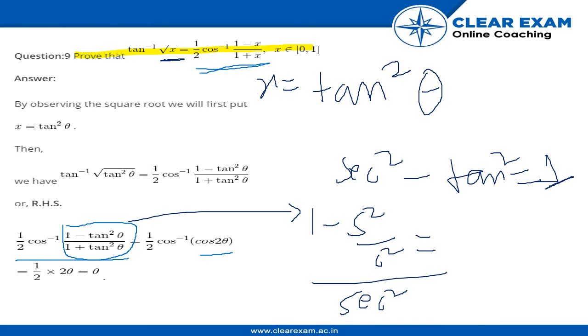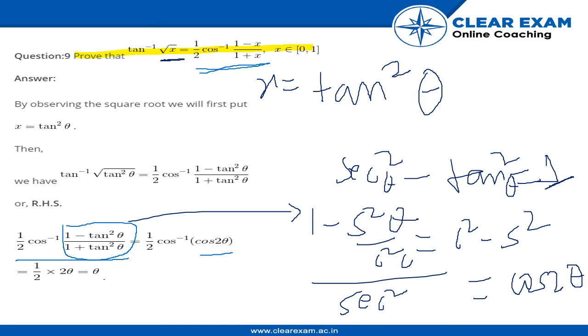So cos square theta minus sin square theta upon cos square theta, into cos square theta, gives us cos square minus sin square, which is equal to cos 2 theta. I didn't write theta here, so let me write it so that you don't get confused. This is theta, this is cos square theta, this is sec square theta, and this is sin square theta. So we get cos 2 theta.